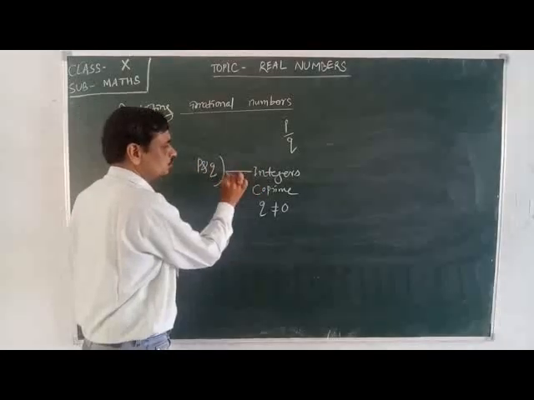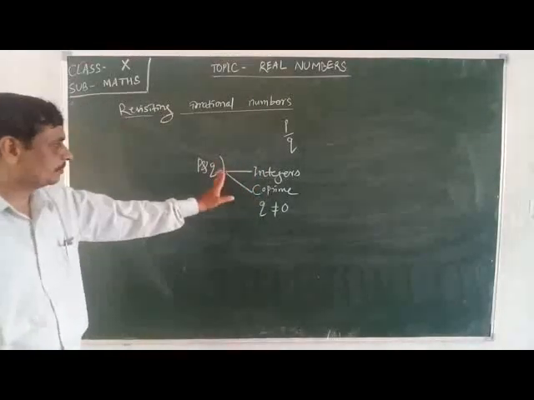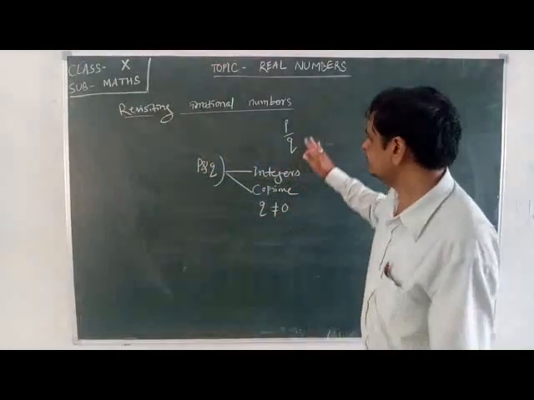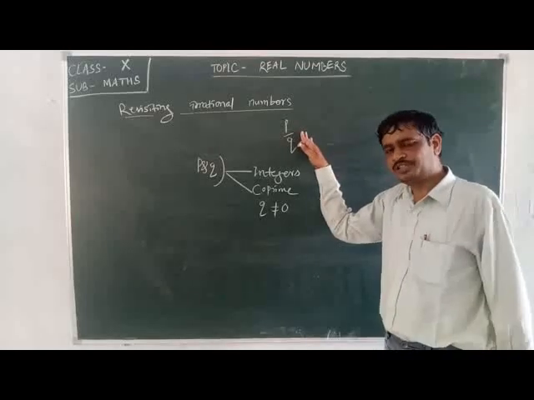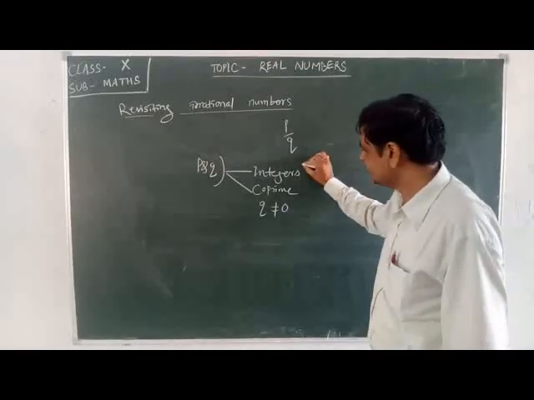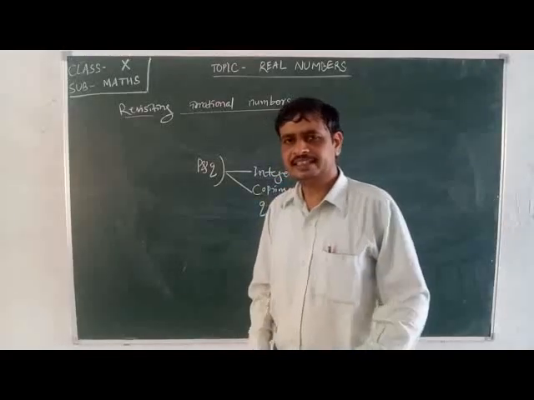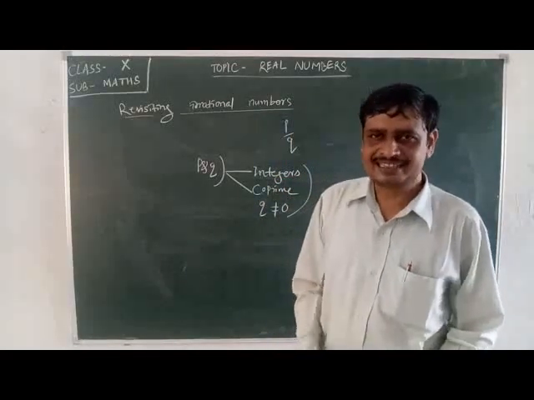Here p and q should be integers and co-prime, and q will not equal 0. If the number expressed as p by q satisfies all these three conditions, then we say that number is a rational number.